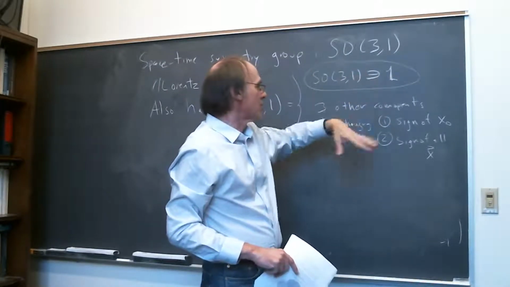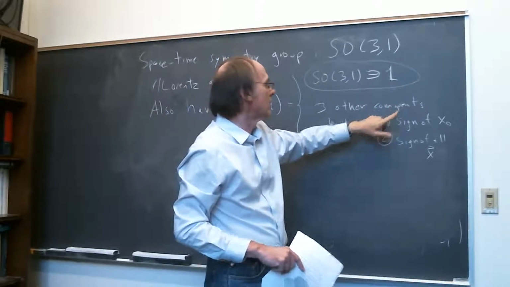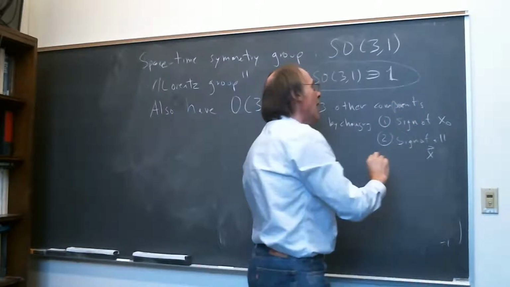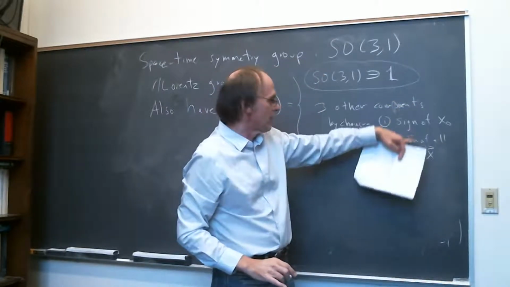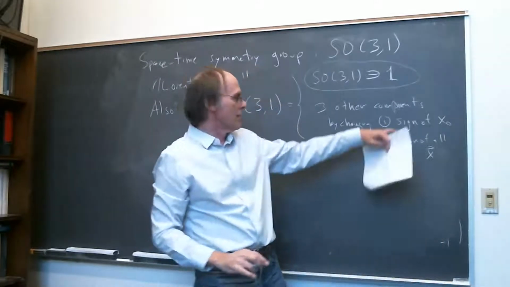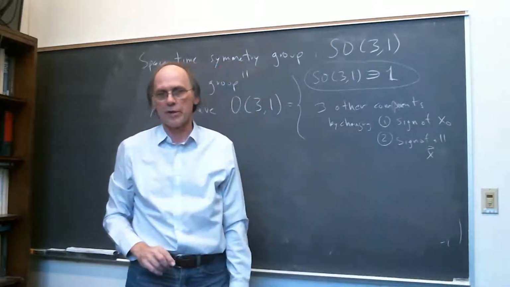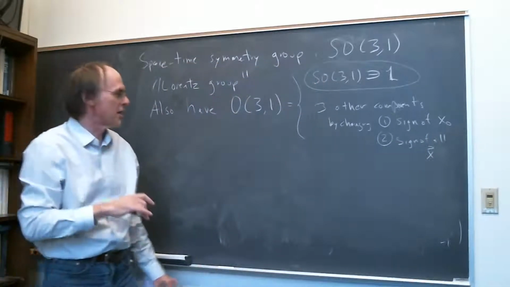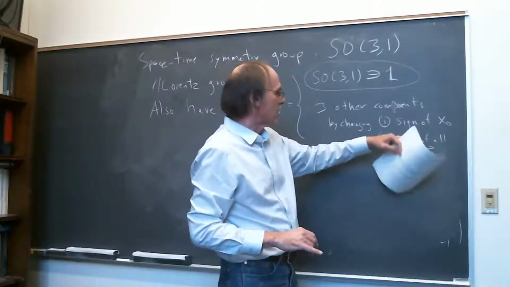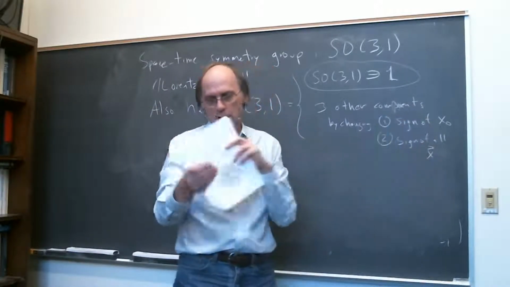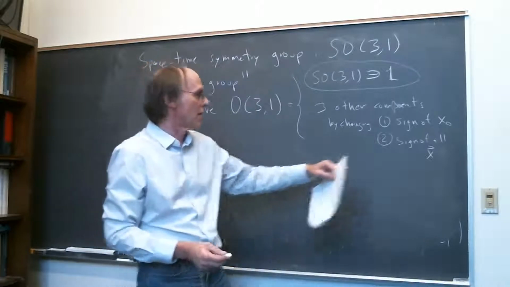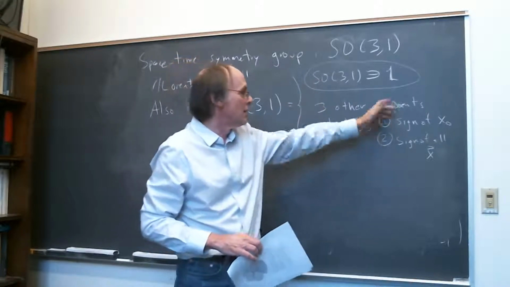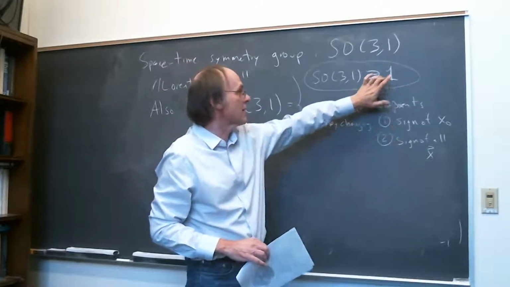To deal with these other transformations, you have to introduce some new and different ideas, which I don't want to take the time to do. Often you want to talk about time reflection symmetry and parity reflection symmetry, and there's a long discussion, a lot of books about the effect of that. But I'm going to stick always to this component.